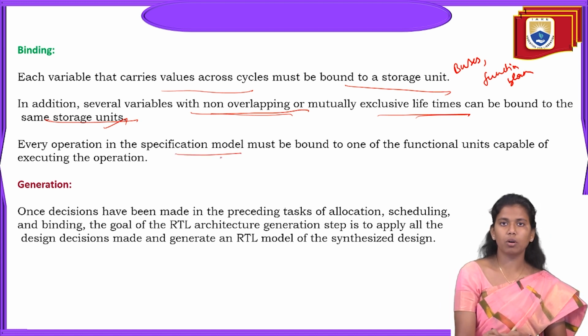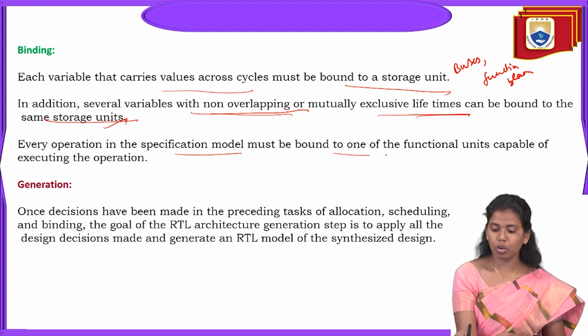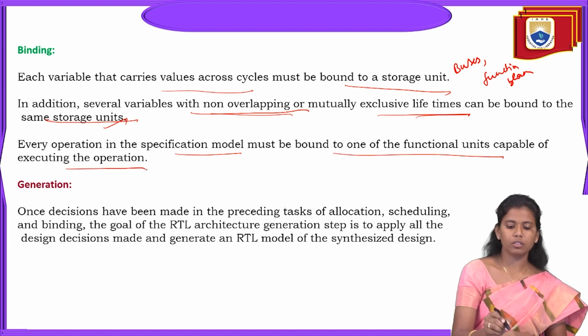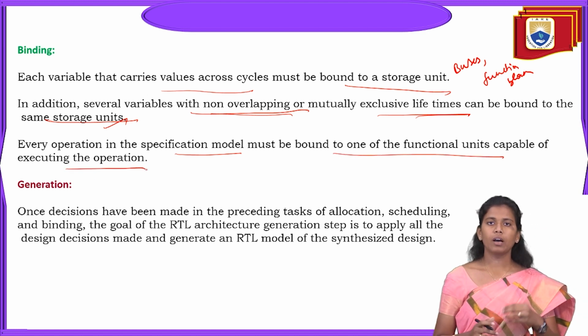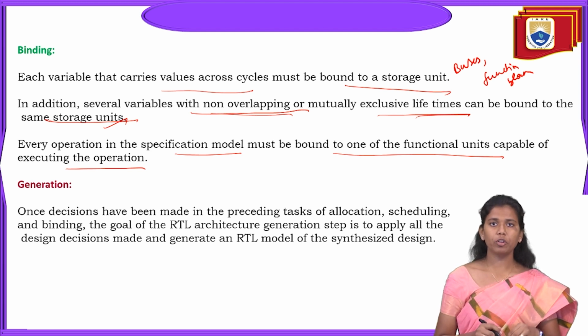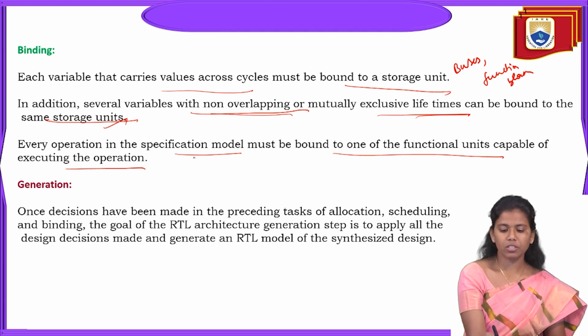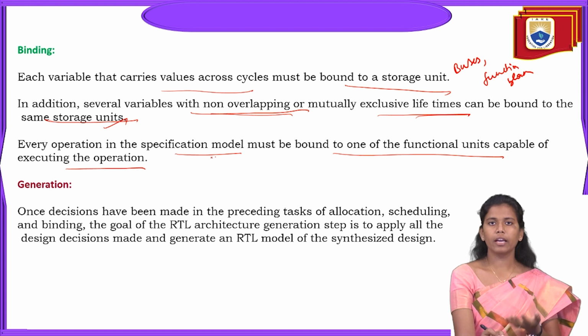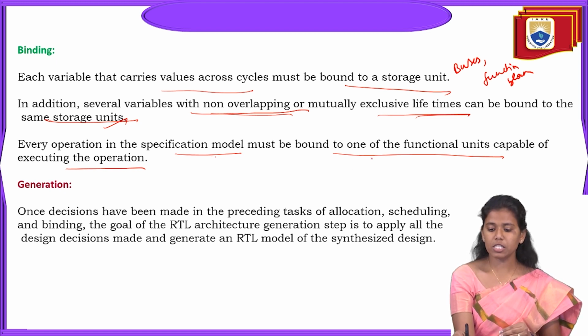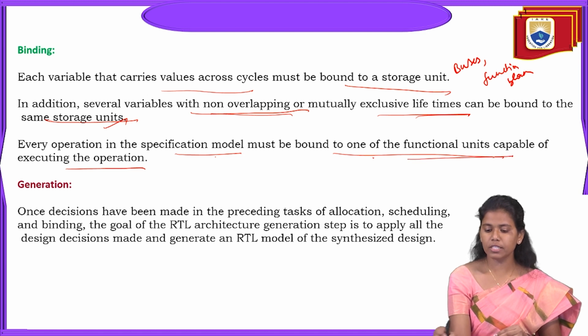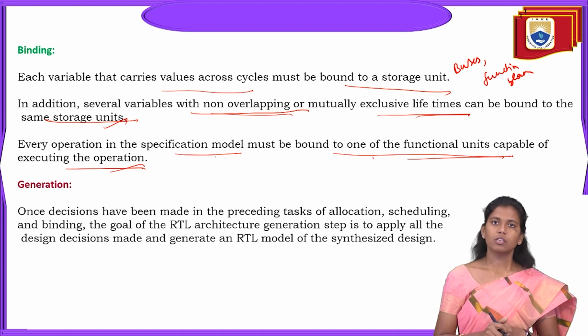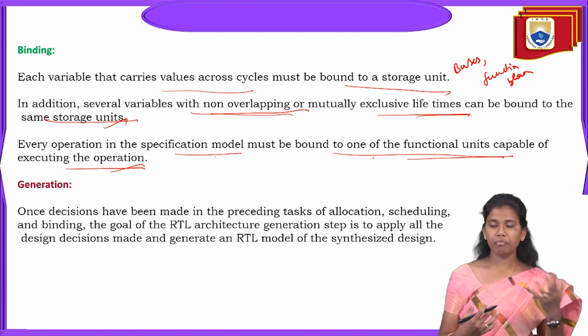And every operation in the specification model must be bound to one of the functional units capable of executing the operation. So in the binding process, we have to remember that every operation you are considering must be bound to a functional unit capable of executing that operation.